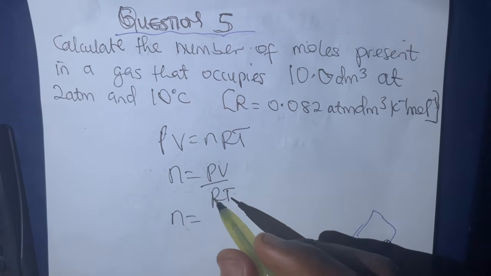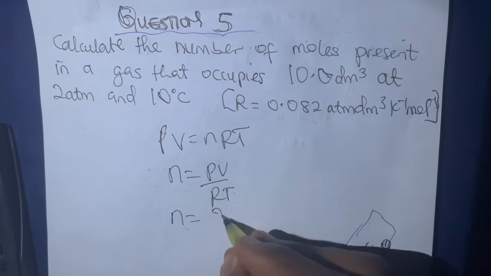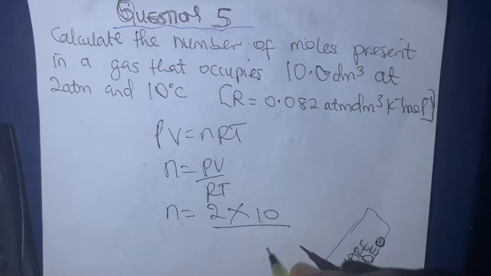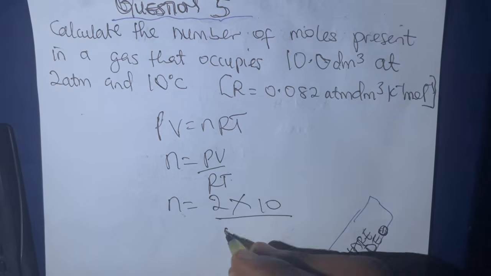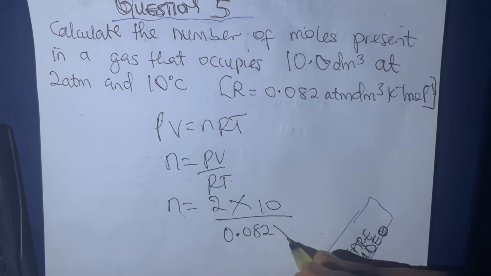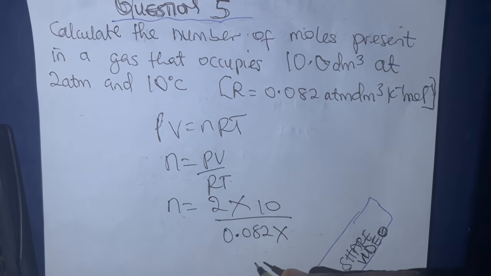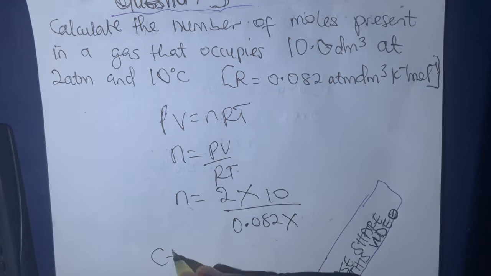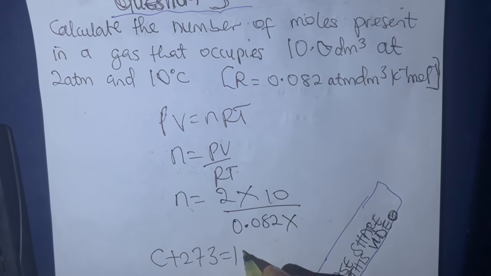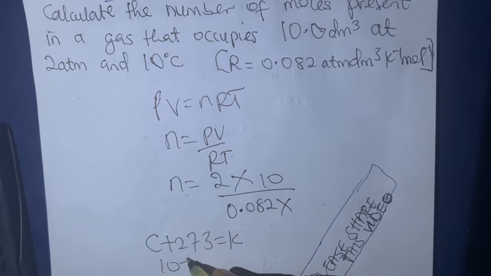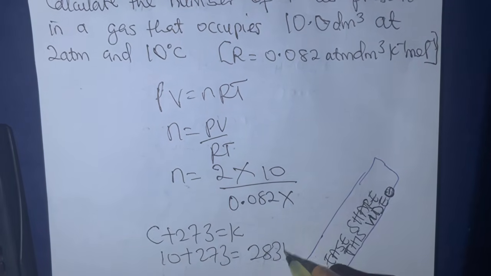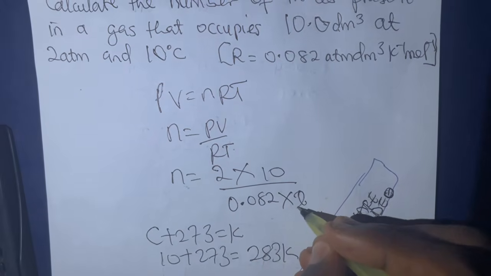The pressure is 2 atm, multiplied by the volume in dm cube, that's 10, over R, the gas constant, 0.082, multiplied by the temperature. Though we're given it in degrees Celsius, let's convert it to Kelvin. C plus 273 equals K. So 10 plus 273 is 283 Kelvin.